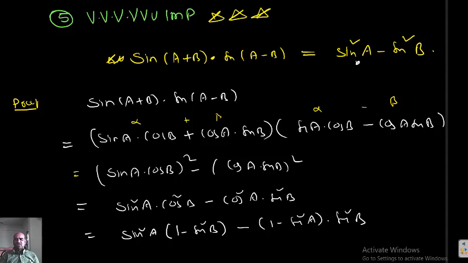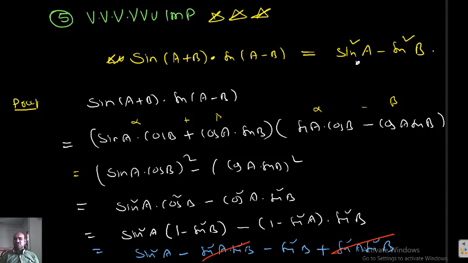Now open the bracket, students. What happened? Sin square A minus sin square A into sin square B, minus sin square B plus sin square A into sin square B. Observe, students, these two get cancelled. So what is left with us?